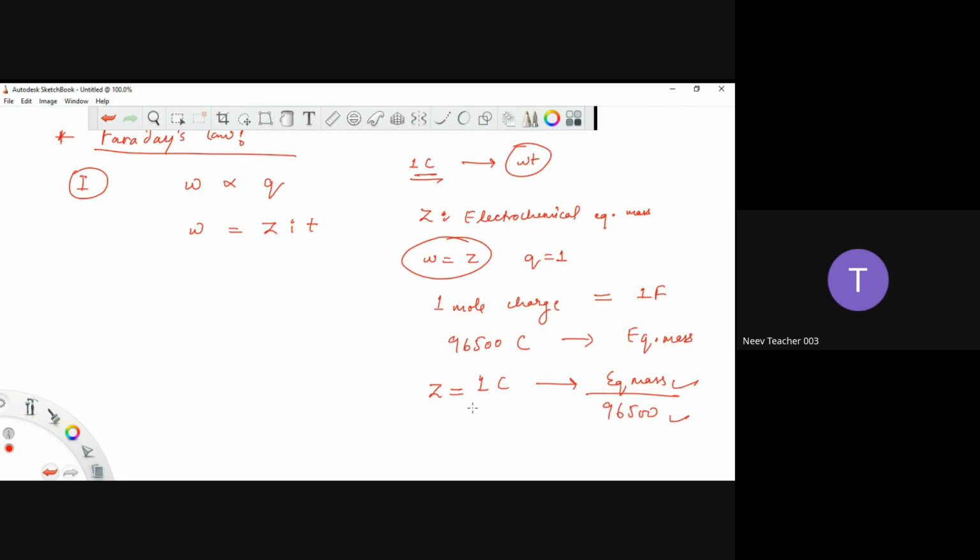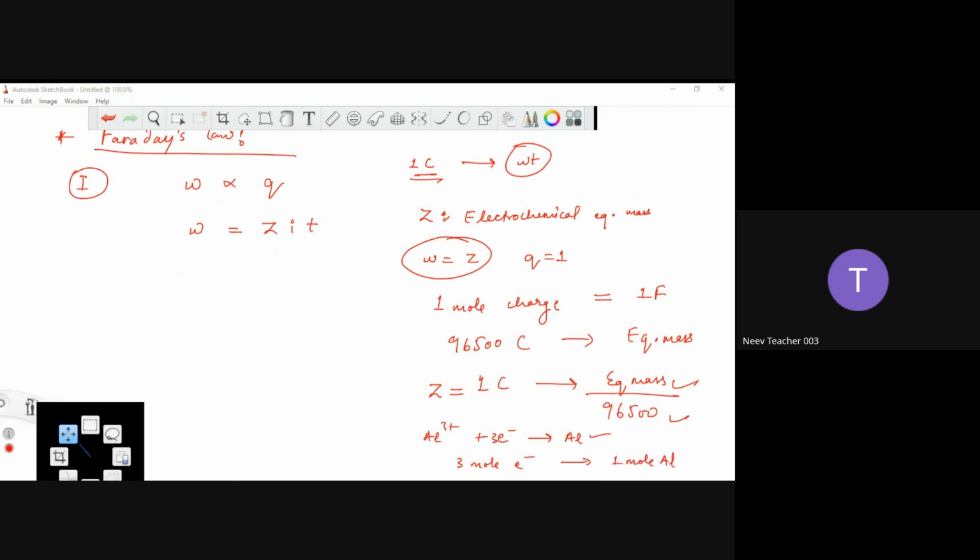Okay. So for example, you take aluminium 3 plus and give 3 electrons to it, what is going to form? Aluminium, correct? Now, can I say 3 moles of electrons deposit 1 mole of aluminium? Is it correct or not?